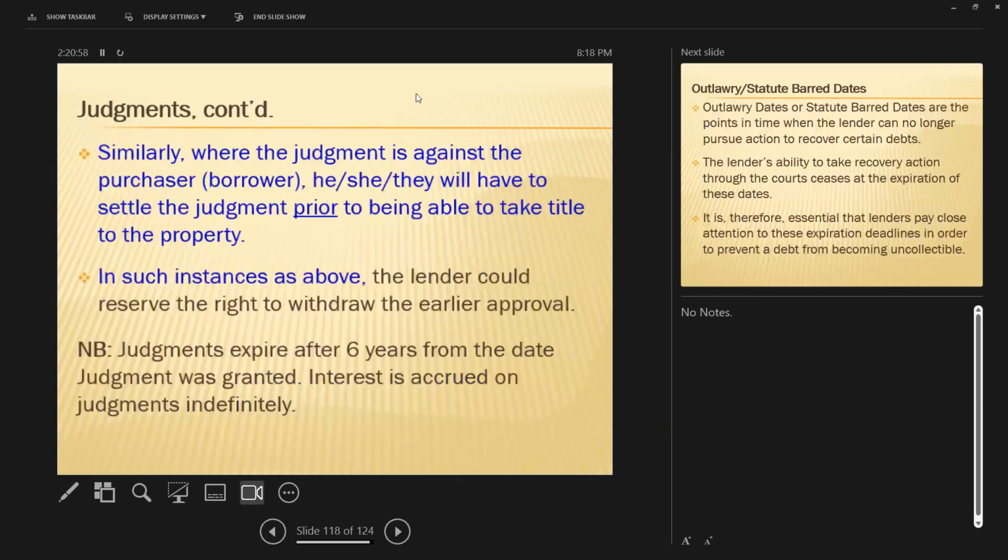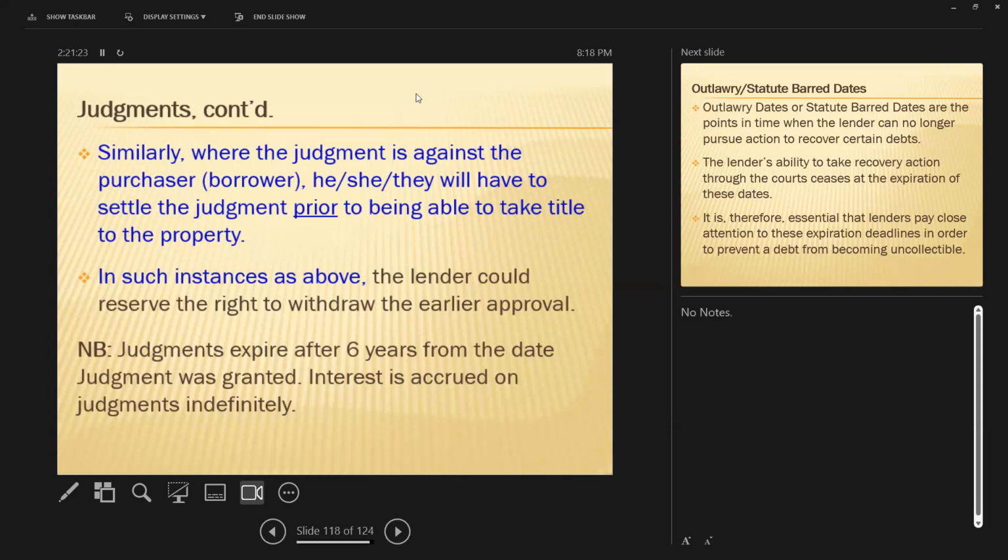Similarly, where the judgment is against the purchaser, the borrower, he, she, or they will have to settle the judgment prior to being able to take title to the property. In such instances, the lender could reserve the right to withdraw the earlier approval.